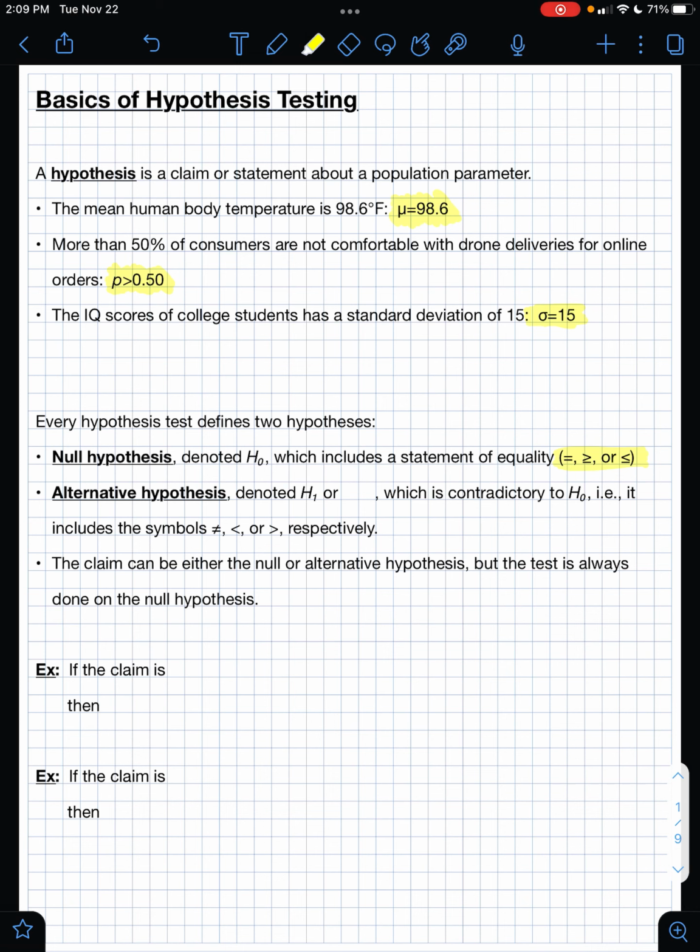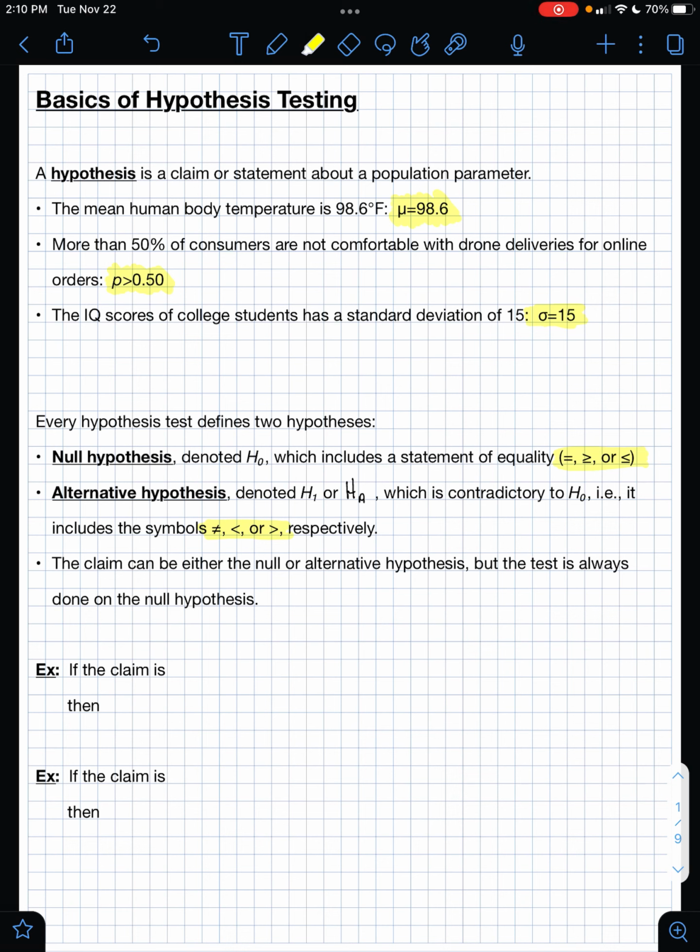The alternative hypothesis, which is denoted H sub 1, or if you look in our textbook, they use H sub A. Both are used and accepted notations. This is a contradictory statement to H sub 0. It will always include the not equal to, greater than, or less than statement, respectively.